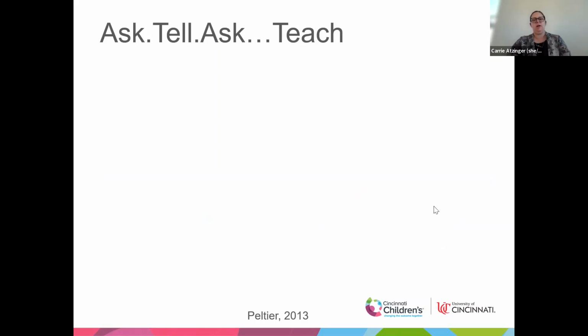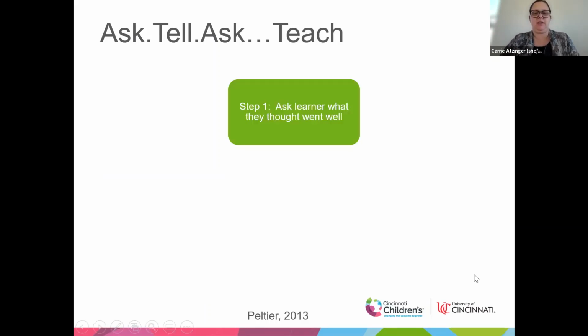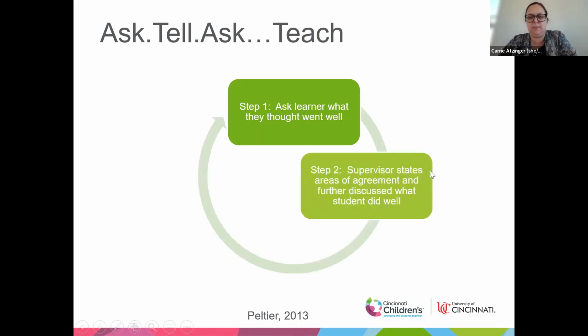So the first thing you do in this method is ask the learner what they thought went well and give them a chance to tell you, overall, what do you think went well? So it allows them to self-assess, and then you can add to that or say, yes, I agree, that was something that went really well. I also noticed this went well, or you did this well, again, keeping it specific.